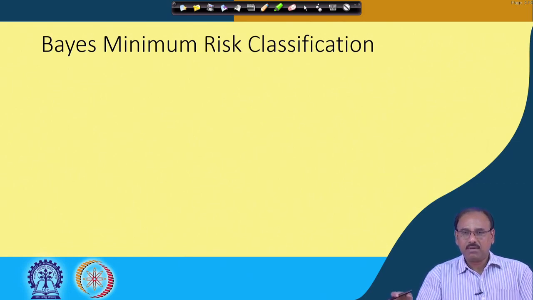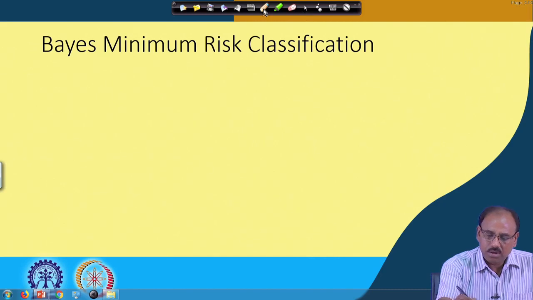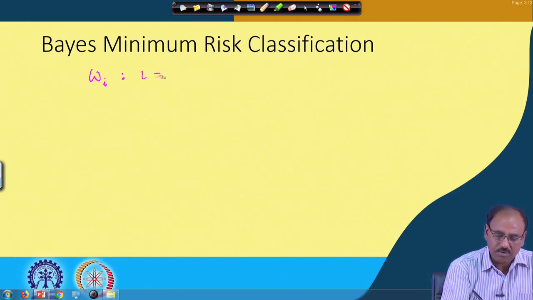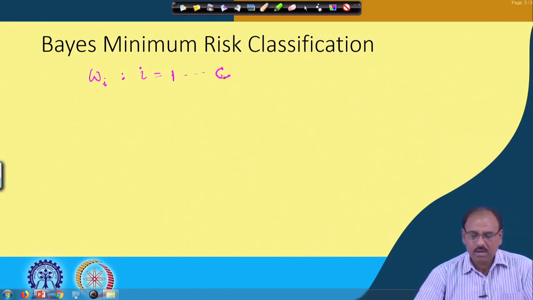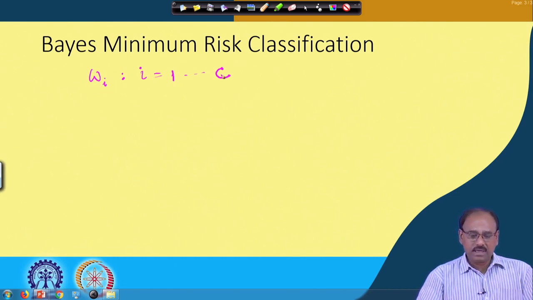Say if I have c number of classes, then I have classes omega i where i varies from 1 to c.